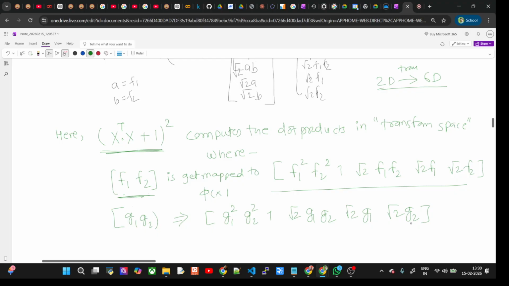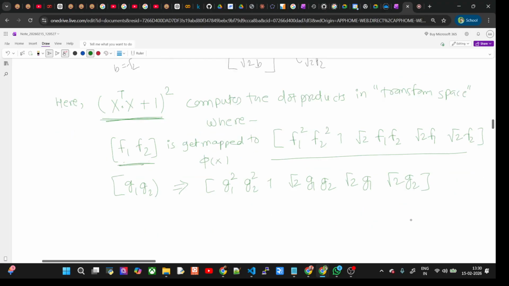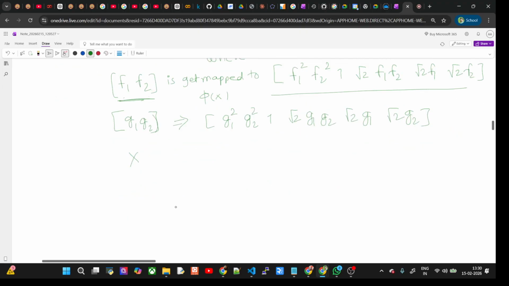So these two, whatever the lower dimension x, which belongs to your R2, 2 dimensions, is mapped to your higher dimension R6 by using your phi function, phi of x.